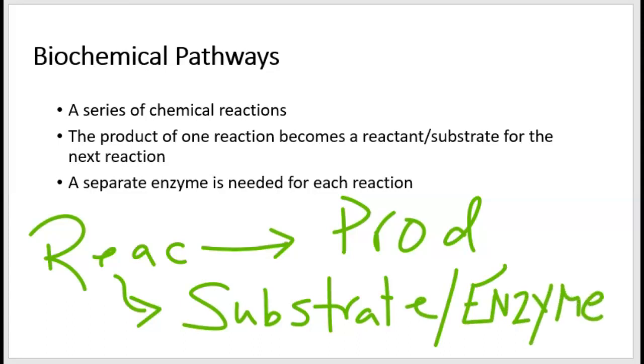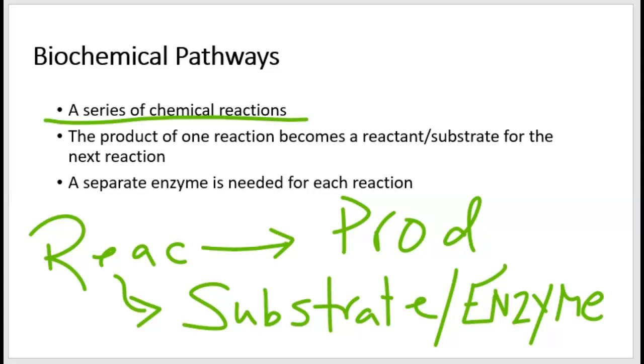Okay, that's the gist. We also talked about catabolic versus anabolic reactions and energy requirements. But what you will see in different parts of ANP1 and ANP2 is a series of chemical reactions. One reaction, then another, then another, and then another. This happens in blood clotting in particular.